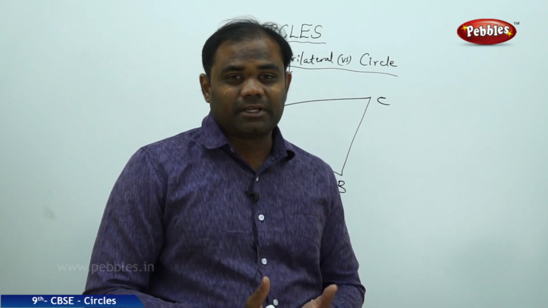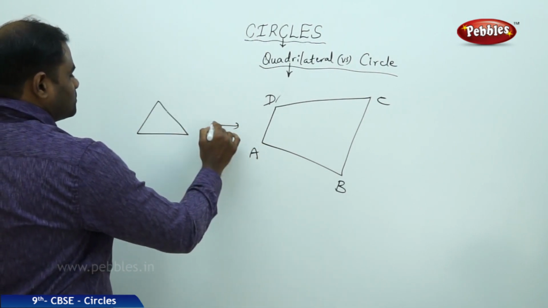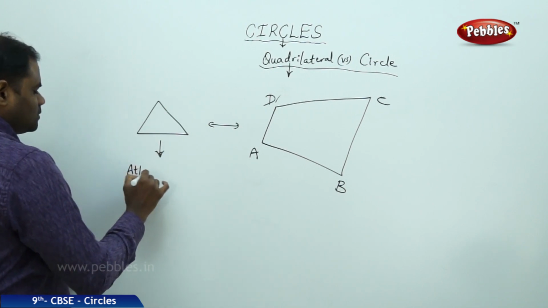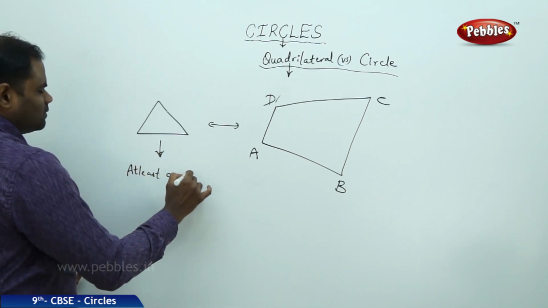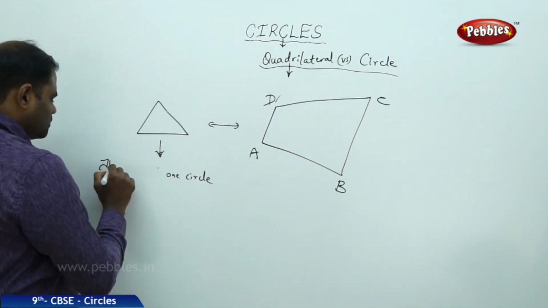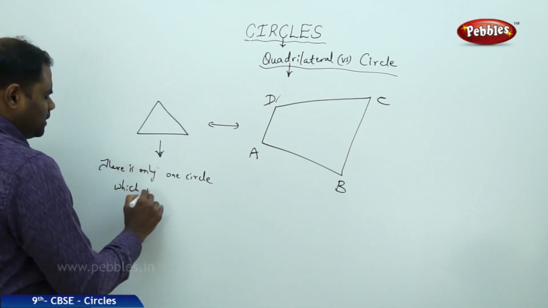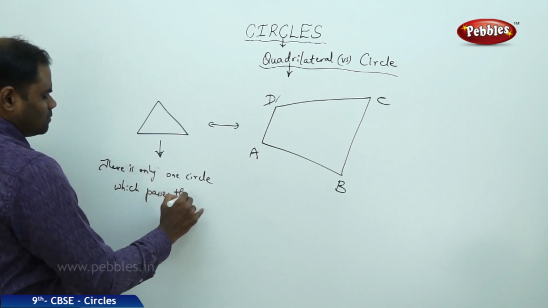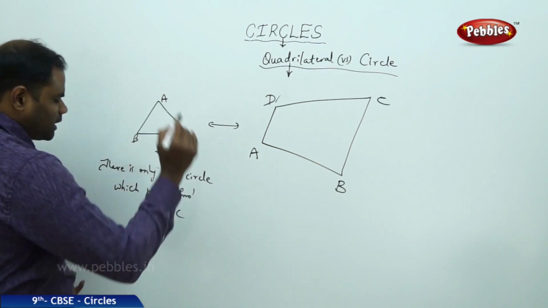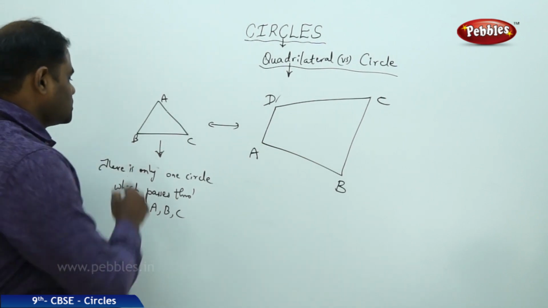For a triangle, there is only one circle which passes through A, B and C, and that circle is called the circumcircle.